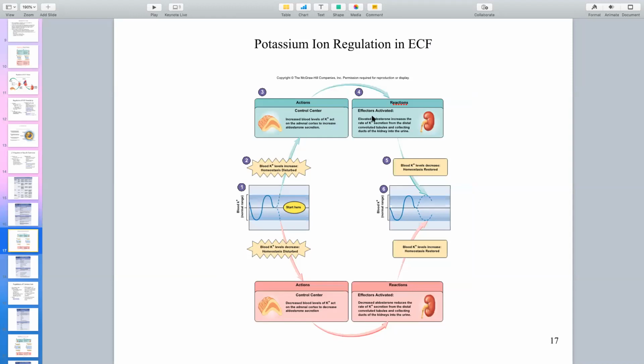Right, so here we kind of discuss potassium. With potassium, we do not have a hormone that controls potassium directly. We do have a hormone that controls sodium, and that hormone always has an opposite effect on potassium. So let's think about what happens when we have high blood potassium levels, and we don't have a hormone that directly works on potassium.